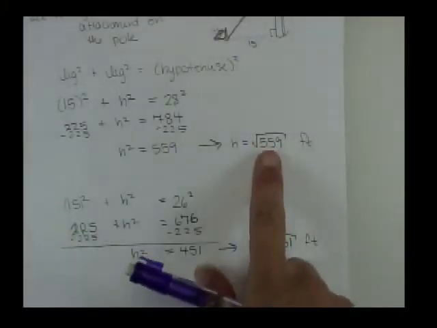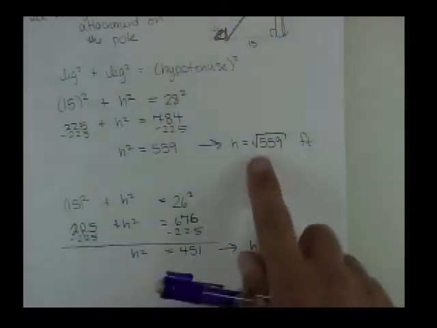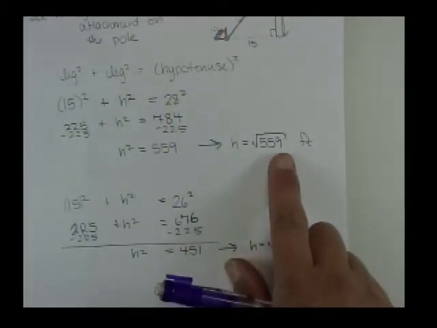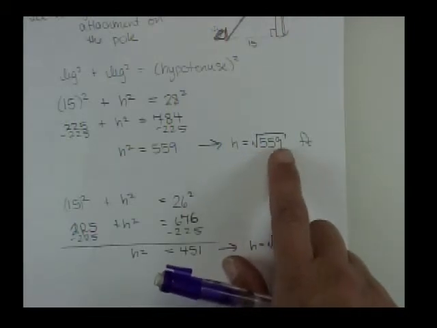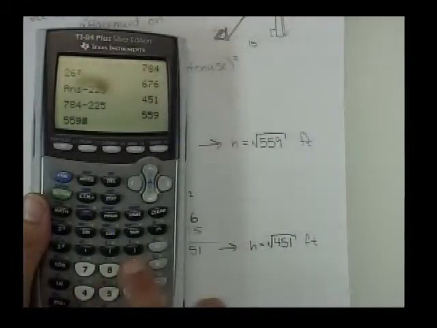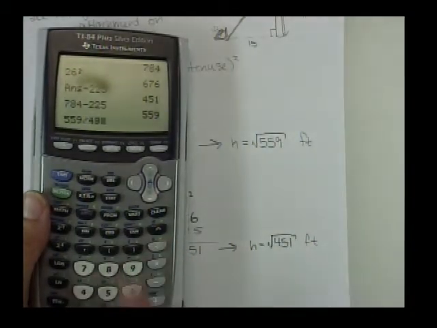So I want to see if there are any squares that go into 559. 4 is not going to go in there. 9, 5 plus 9 is 19. That's not a multiple of 9. 16 is not going to go in there. 25 won't. 49, nope.